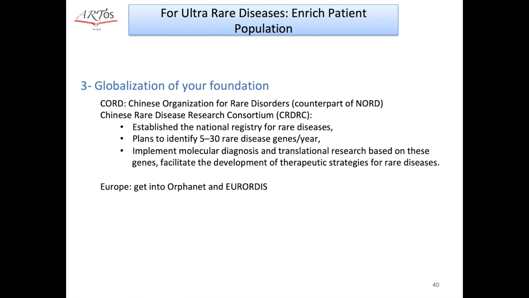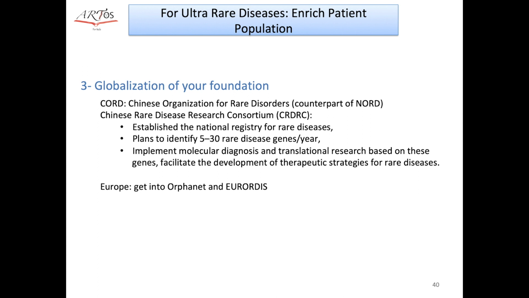The third level is the globalization of your foundation. CORD is the counterpart of NORD, the Chinese Organization for Rare Disease, and the Chinese Rare Disease Research Consortium, the CRDRC, are relatively new organizations.